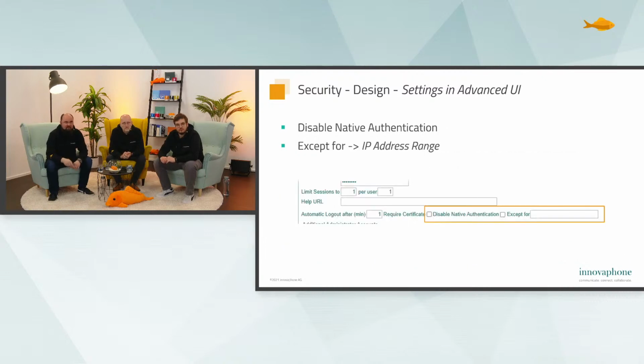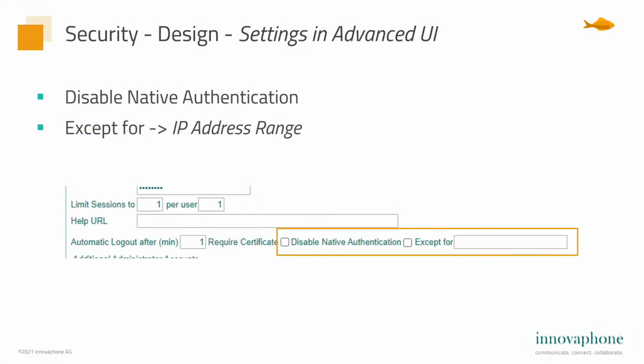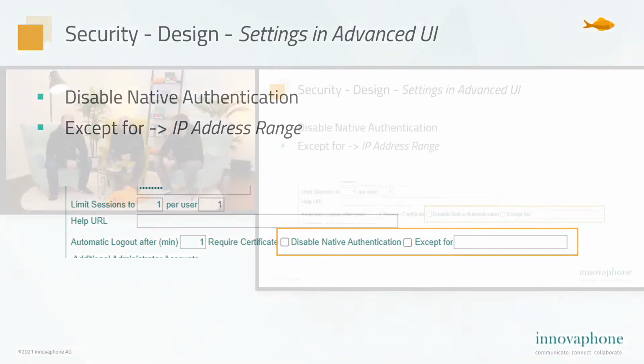Okay, let's go on. Disable native authentication. What does that mean, Jeremy? Well, that is a good question. I think the basic authentication is completely deactivated, and it's restricted for a certain network range, as far as I understood.